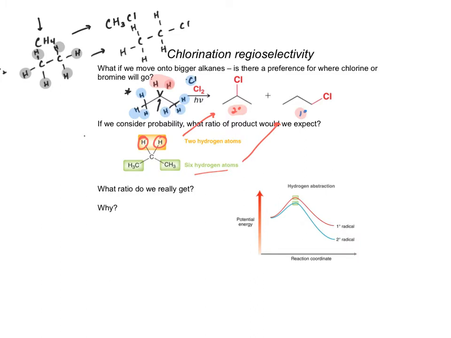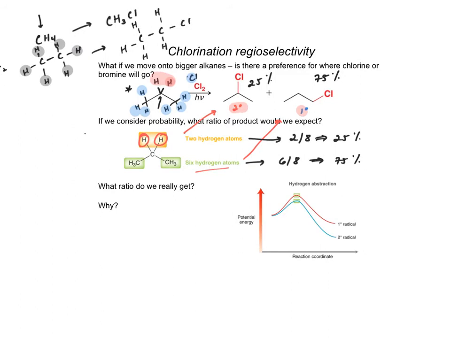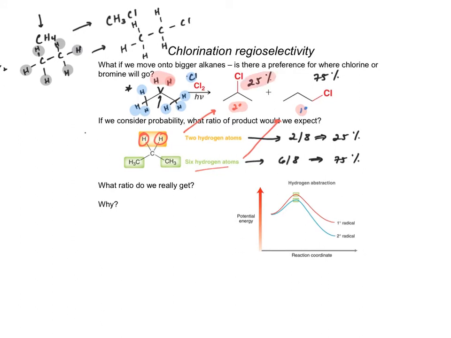So if this was probabilistic, two out of the eight total hydrogens would give us about 25% as a prediction for our secondary alkyl halide, whereas six out of the eight total hydrogens would give us a prediction of about 75% of the primary. So if the distribution was just based on probabilities, 25% of the time we would expect the secondary and 75% of the time we would expect the primary, right?